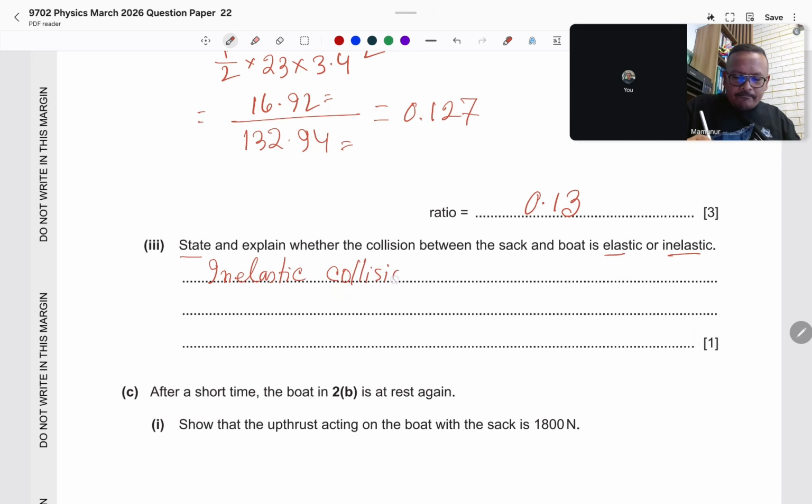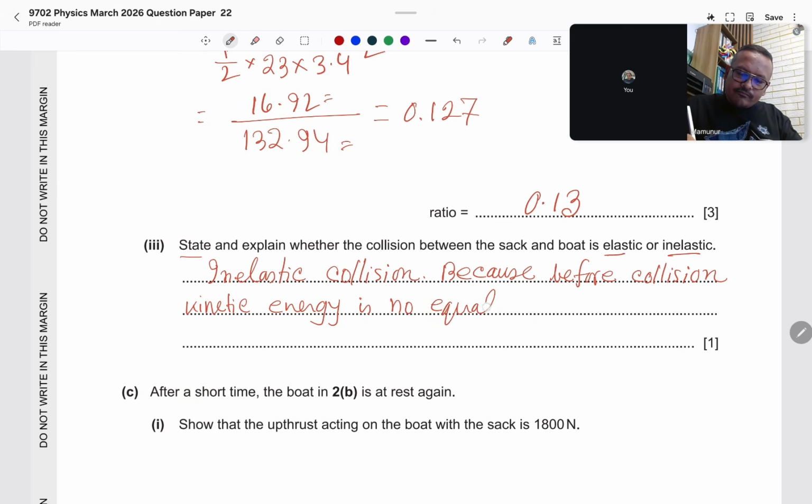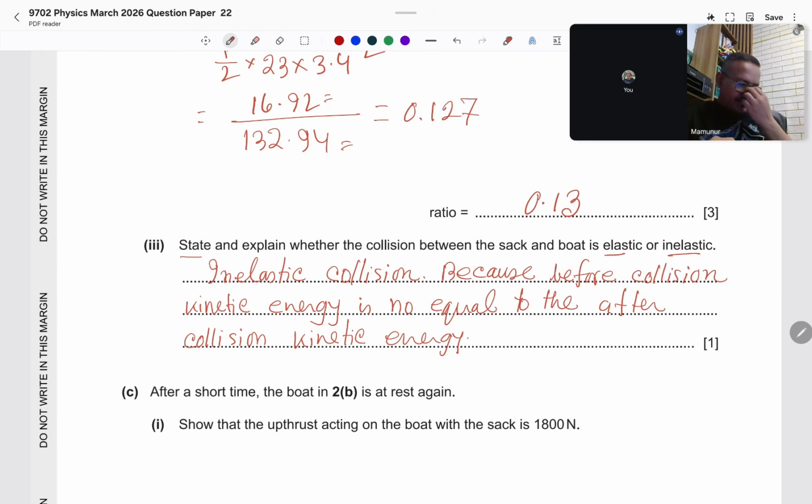Because before collision kinetic energy is not equal to the after collision kinetic energy. I think you are clear about it.